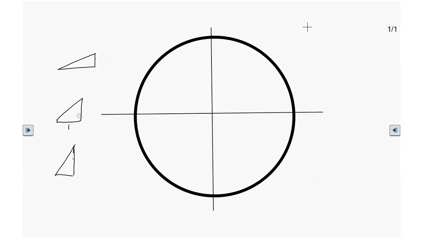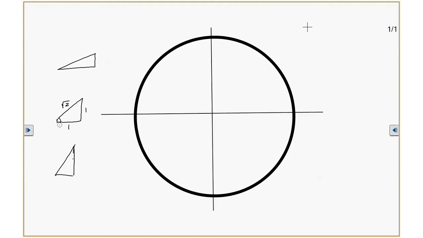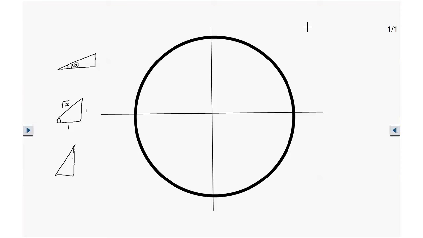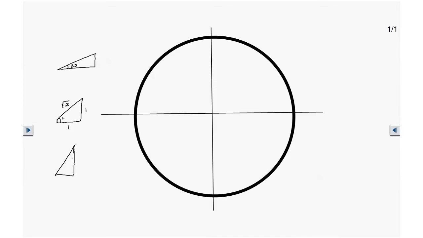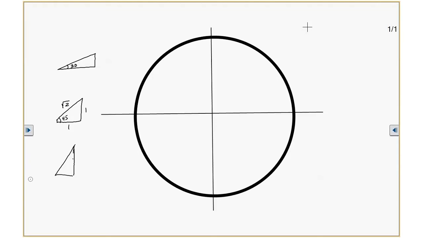And of course, the easy one to remember is 1, 1, square root of 2. And that's the 45-degree triangle. And what's this one? What's the 30-degree? Well, you only got to remember one thing, and that's the hypotenuse is the what? Longest side, Hubert. That's right.